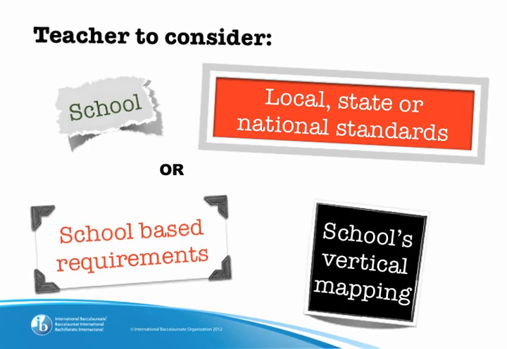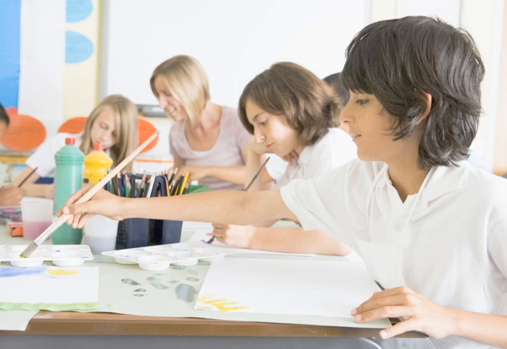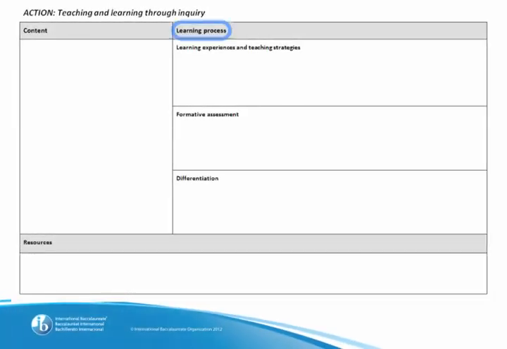Learning process. This part of the planner identifies the required elements of the taught curriculum. Teachers can plan the ways in which their students will learn through a variety of teaching strategies. Learning experiences and teaching strategies.